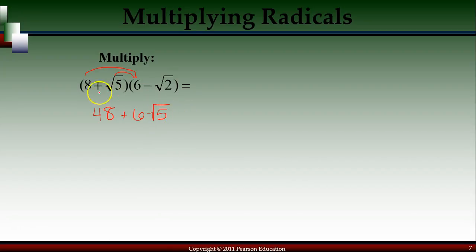And then, oops, that's supposed to be a minus sign. Minus 8 square root of 2. And then minus these last two terms we put together is going to give us square root of 5 times the square root of 2, which is the square root of 10.